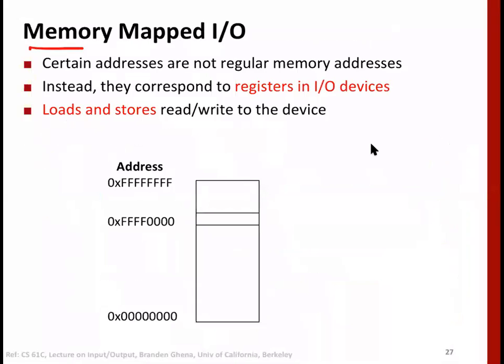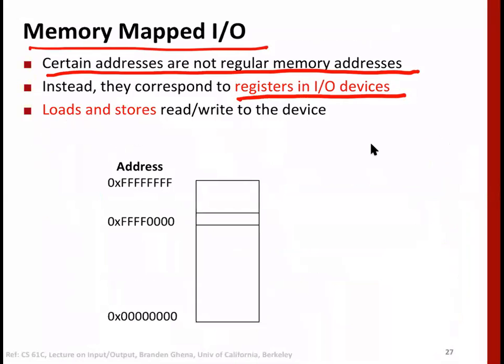It says that certain addresses are not regular memory addresses. Instead, they correspond to registers in IO devices, and we access them with load and store. So using load and store, we can read and write to the device.